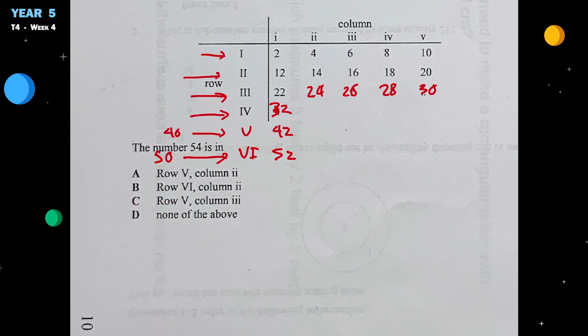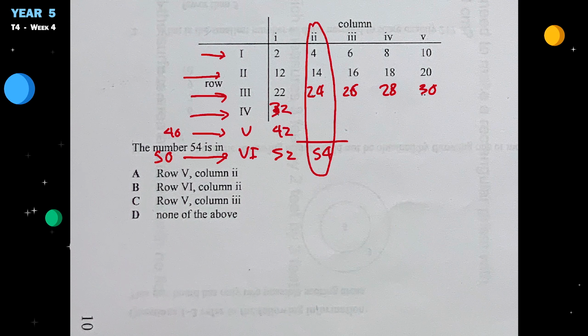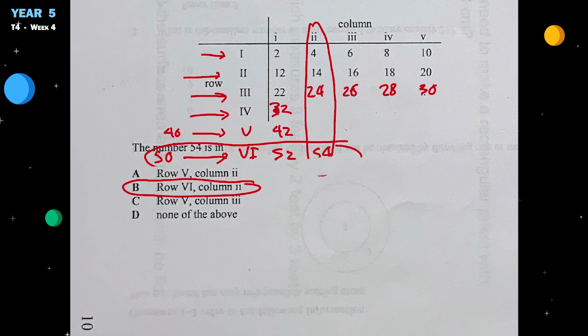All the fours are in here, so 54 must be here, in this column and this row. So 54 should be in the second column, column 2, and in row 6. I think the answer should be B. Actually, I'm pretty sure it's B. So there you go.